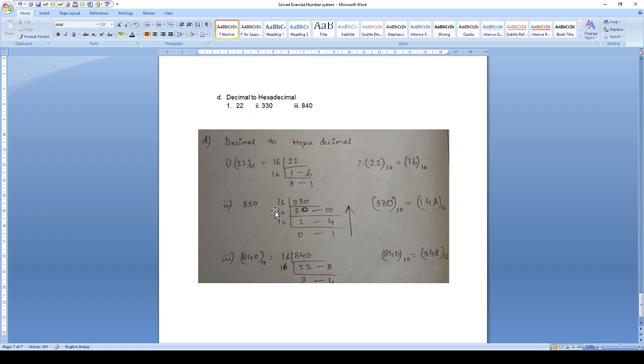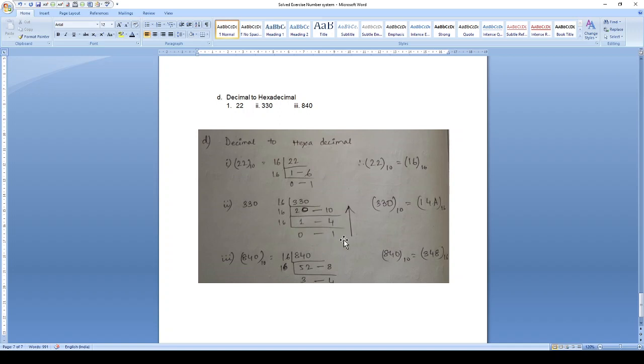Again, you do it for 330. 330 in decimal, you want to convert it to hexadecimal. So divide it by 16. 16 20 is 320. You get 10 as remainder. Again divide 20 by 16. You will get 1 as quotient, and we will get 4 as remainder.